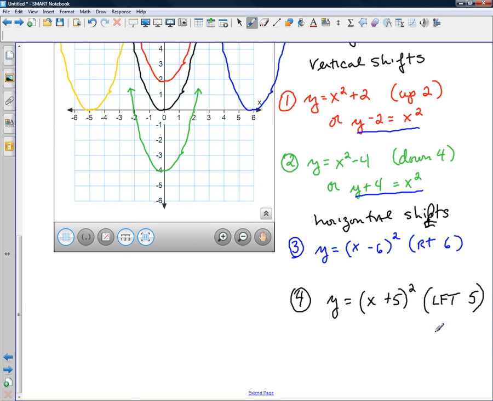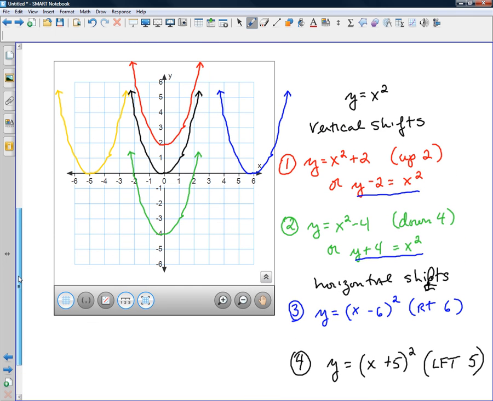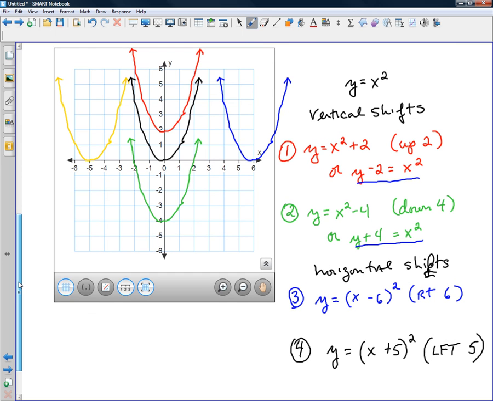So if we were to add 5 to every x on the yellow curve, it would restore us back to the original black one. Let me change that black into yellow. There it is, like magic. Now it is yellow to correspond to the yellow graph.